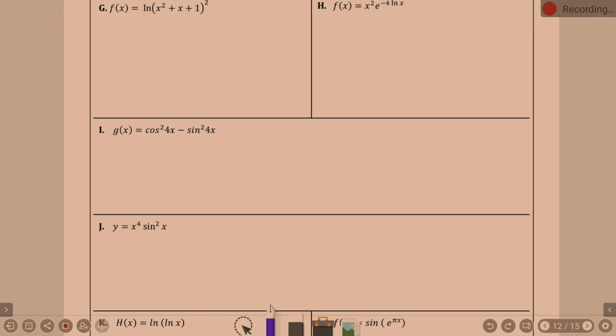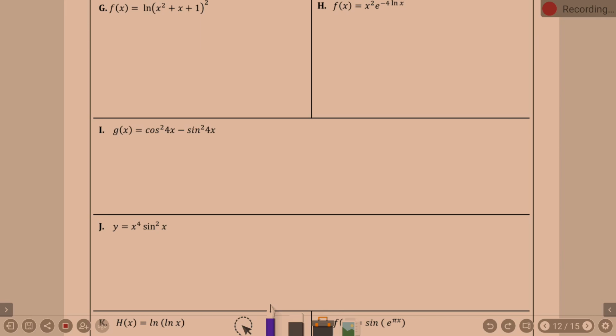G. Could be doing. F of x is natural log of x squared plus x plus 1 quantity squared. I would do one rewrite before you get started here. A power of 2 in a log setting can be rewritten as a coefficient of 2, according to our log rules.